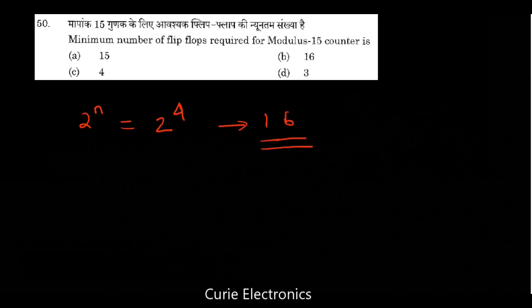So the answer is option C. Similarly, if we take 3 flip-flops, how many values can we count? It is going to be a mod 8 counter. It can count up to 8 states.